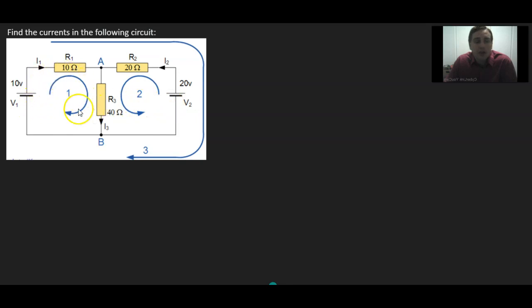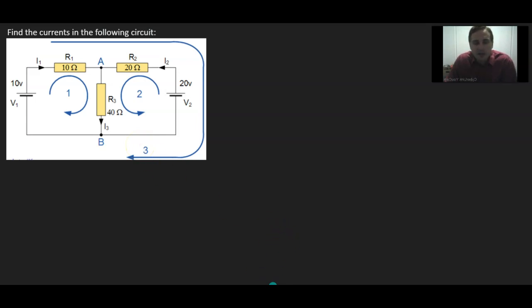Also, direction of loops is indicated. Notice the direction of these loops, 1 and 2, seem to follow the directions of the currents somewhat, and that's usually a judicious choice. And notice the outside loop, 3, is also another possible loop.